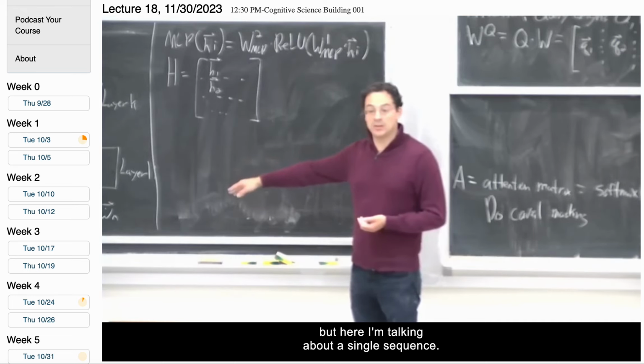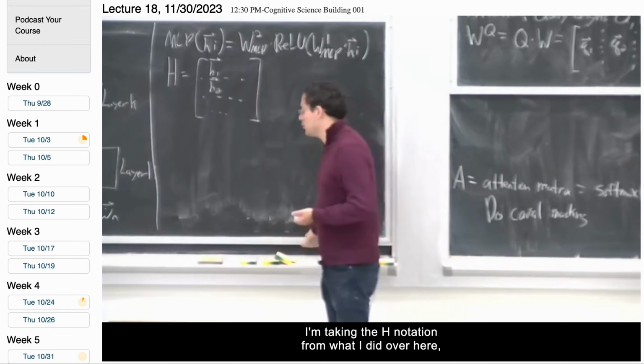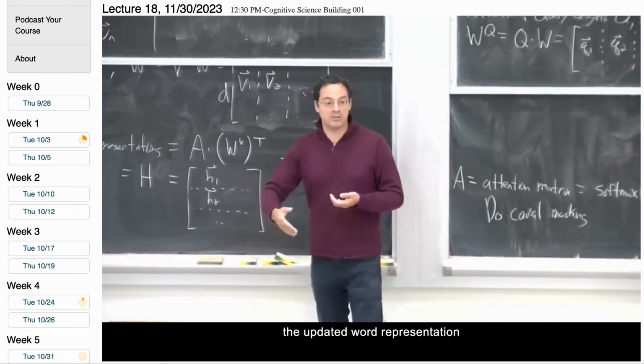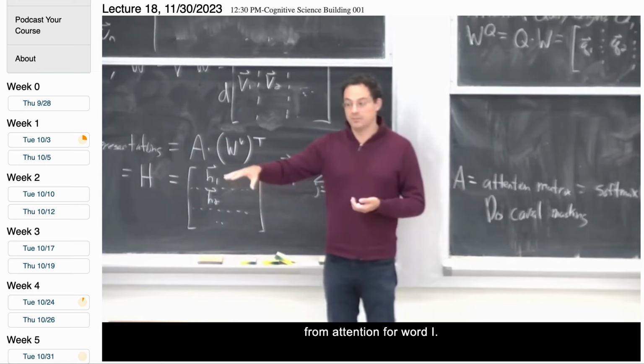But here I'm talking about a single sequence. I'm taking the H notation from what I did over here, where I have my updated word representation. So Hi represents the updated word representation from attention for word i.